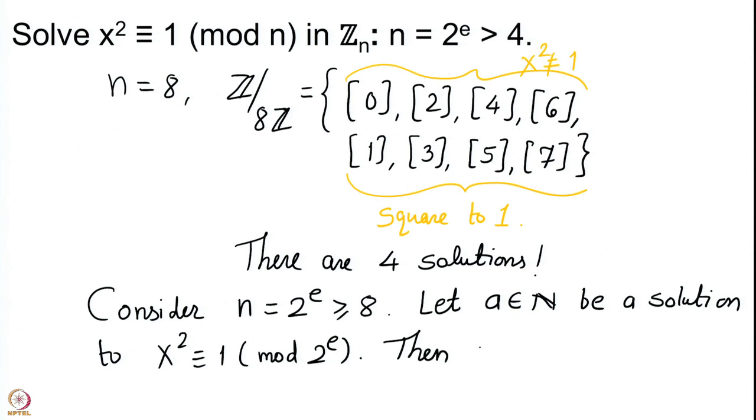Then of course 2 power e divides a square minus 1, and we recall our high school mathematics once again to write it as a plus 1 times a minus 1. We have done exactly what we had done in the prime power case, but now there is a different thing. Here 2 power e divides a product of 2 numbers.